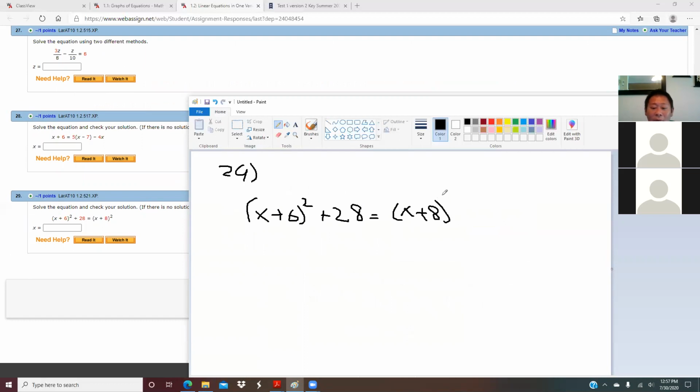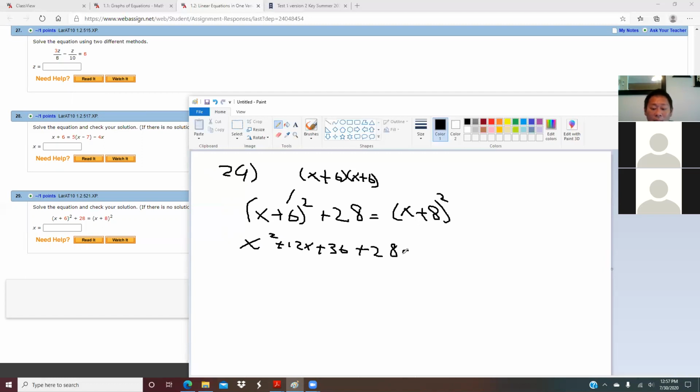You have to distribute this. This is the same thing, a FOIL. You have to FOIL this out. So x plus 6 squared is x plus 6 times x plus 6. So you will get x squared plus 12x plus 36. So this is the FOIL for this, plus 28.